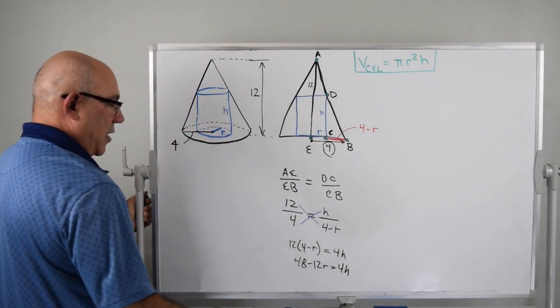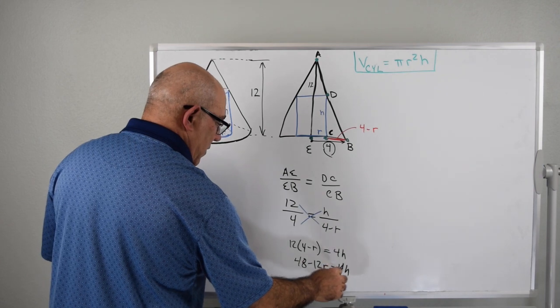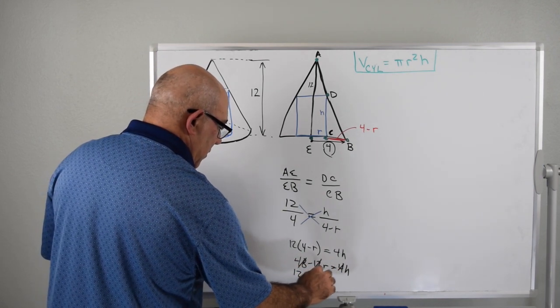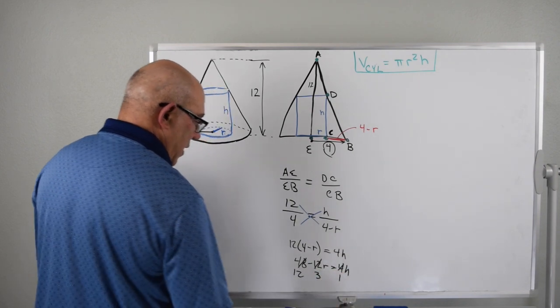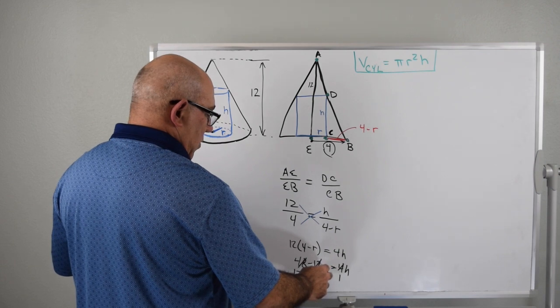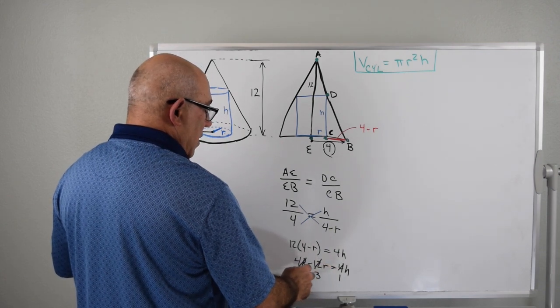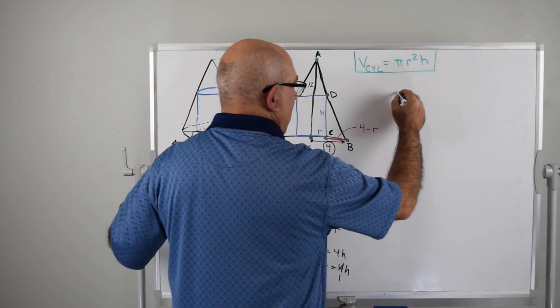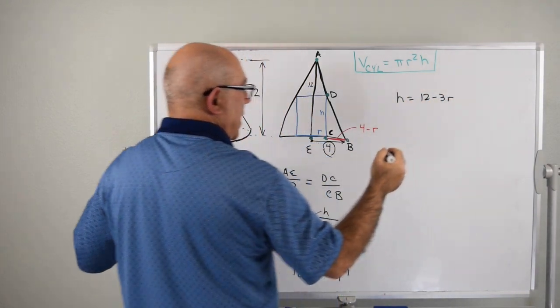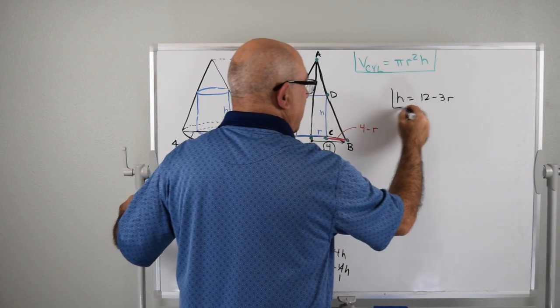To simplify the problem, let's divide through immediately by 4. This will become 12, this will become 3, this will become 1. So h equals 12 minus 3r. Okay? So we now have that piece of information.